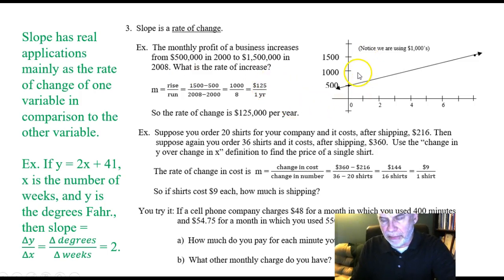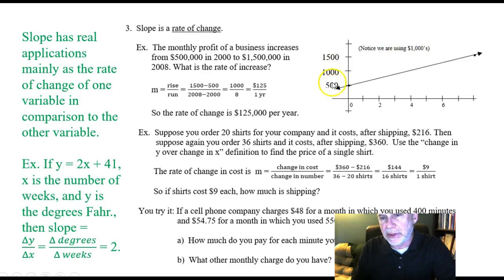Now in the graph, instead of writing it in single dollars, I'd have to write 500,000, 1 million, 1,500,000. I just made my graph scale go in thousands.